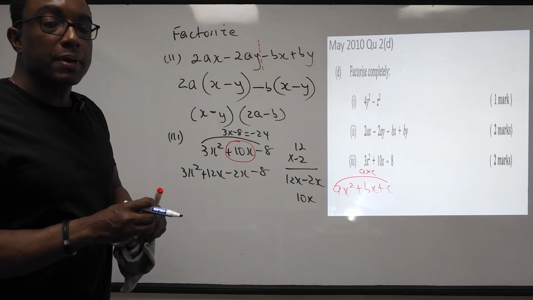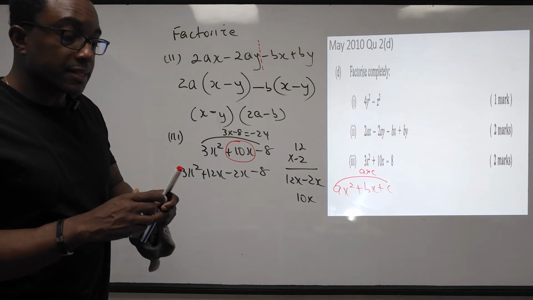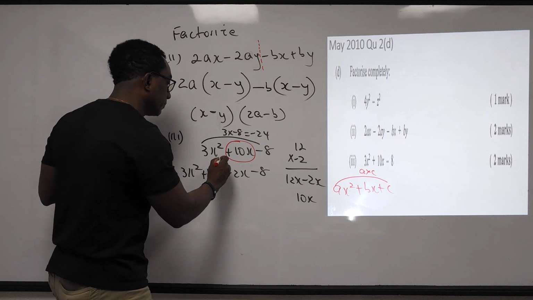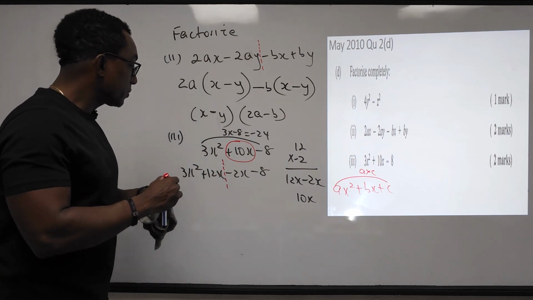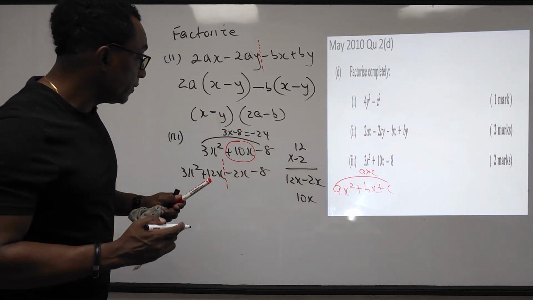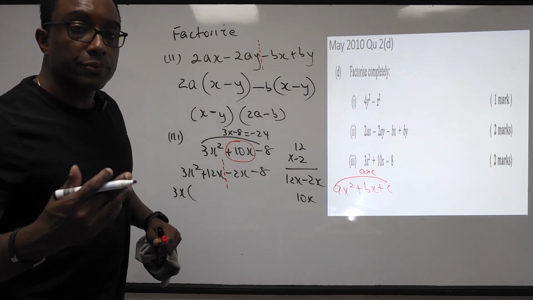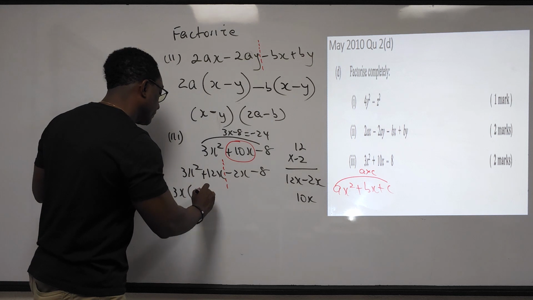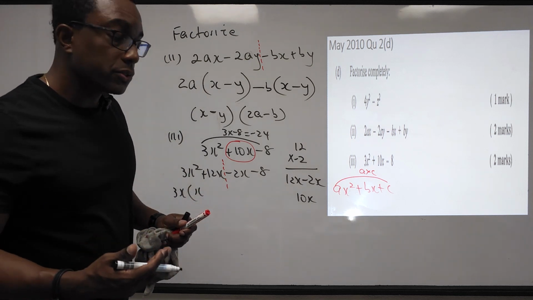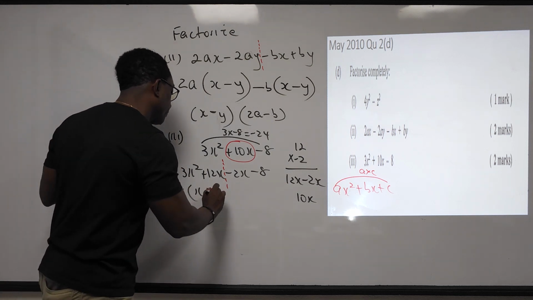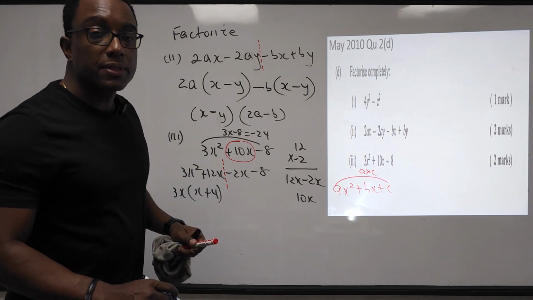And let us now use the method of grouping to factorize that. So this will be what I pair off. What is common to my first pair? Clearly 3 and x. Let me divide 3x into 3x squared, which gives me x. Let me divide 3x into plus 12, which gives me plus 4. Let me factorize my second pair.